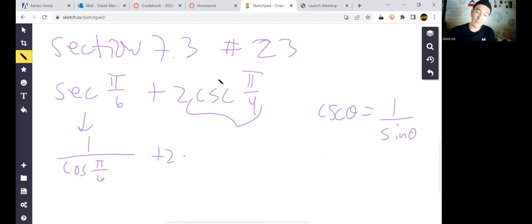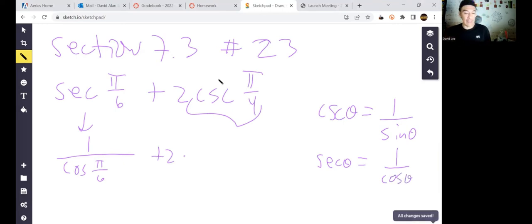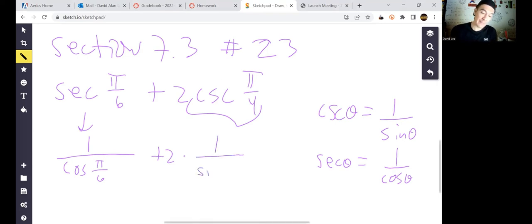And to rewrite the first one, secant is 1 over cosine. These are facts that we accept. And so rewriting the second piece, that's 1 over the sine of pi/4.